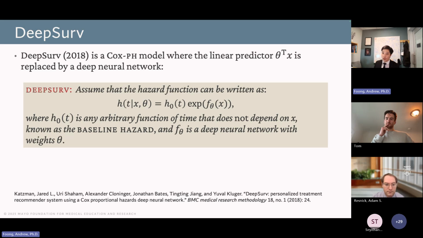You always have to do the dumb baseline first. If you're doing any kind of deep learning survival, you must always compare it with Cox PH. If you're not beating Cox PH, then something has gone wrong, or maybe your deep learning model is unnecessarily complicated and you can throw it away. But I think what you're saying makes a lot of sense. Always start with the simple thing.